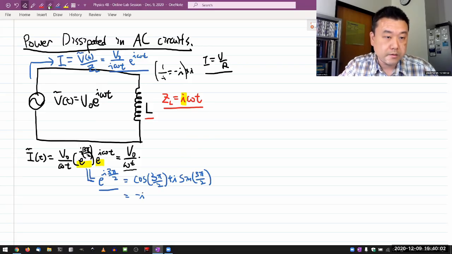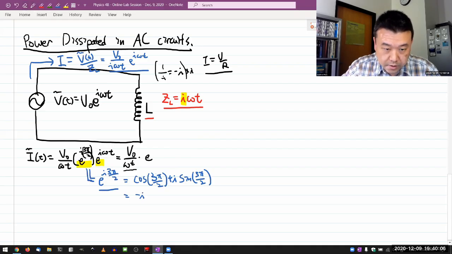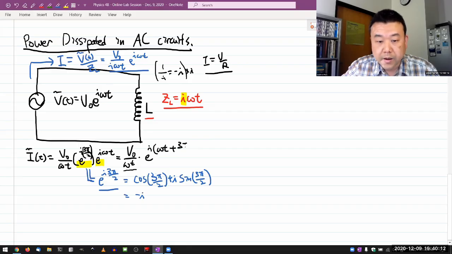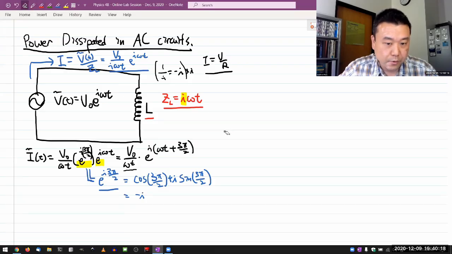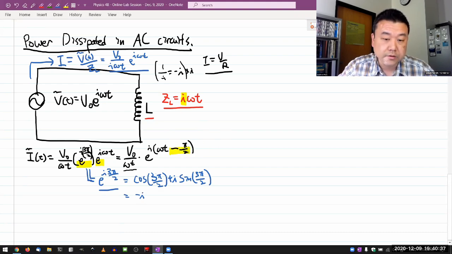So it's going to look like e to the i omega t, that's the oscillating part, plus 3 pi over 2. That's the phase factor. Or technically, the way that's more commonly written is minus pi over 2.